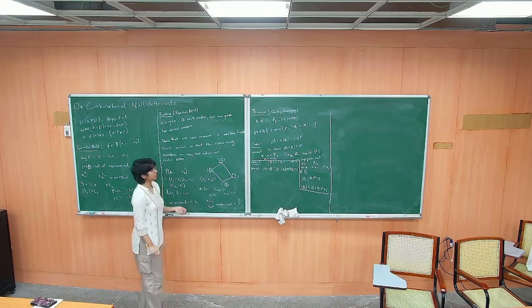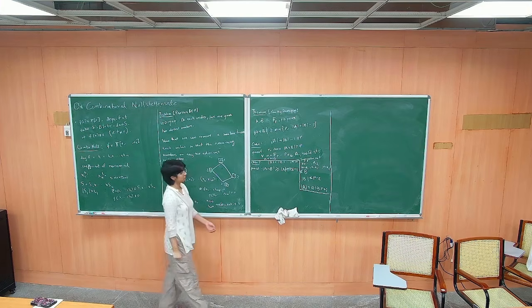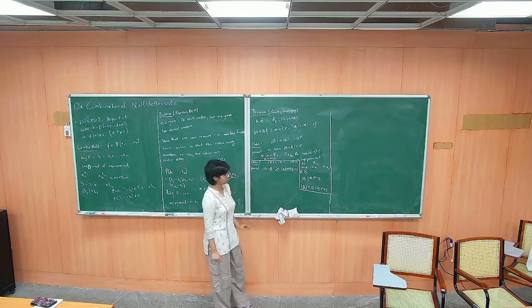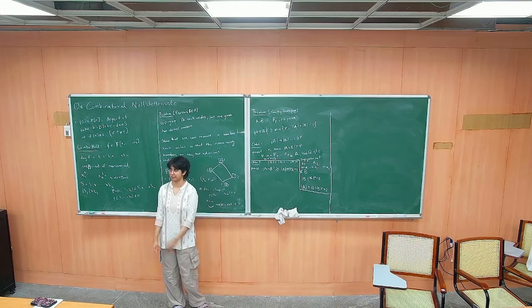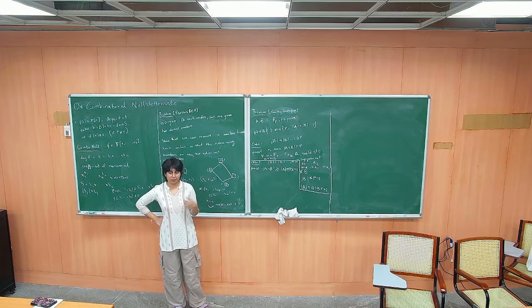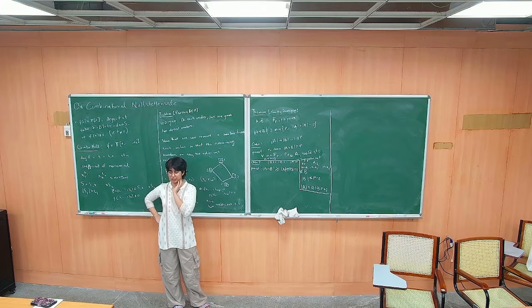If I show that, I'm done, because the minimum of this when this object is less than P is basically this. So I just want to show this. And as I said, we'll just use the method of contradiction.